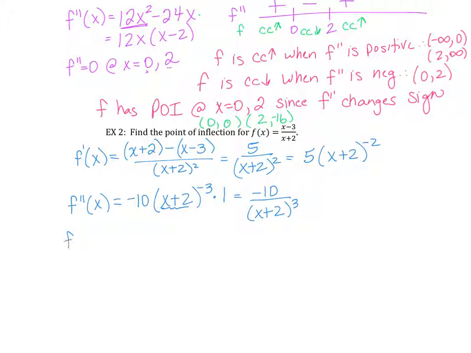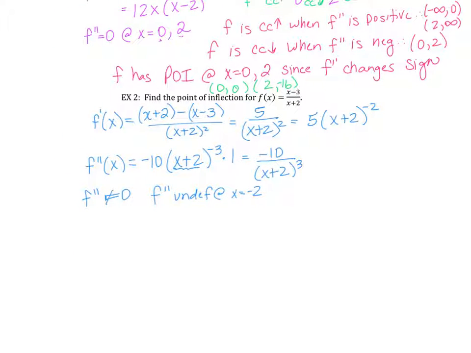I can see that f double prime is never equal to 0 because that numerator will never be 0. However, f double prime is undefined at x equals -2 because that would make the bottom 0. Well, with my sign analysis, again, I put in -2. Let's look.